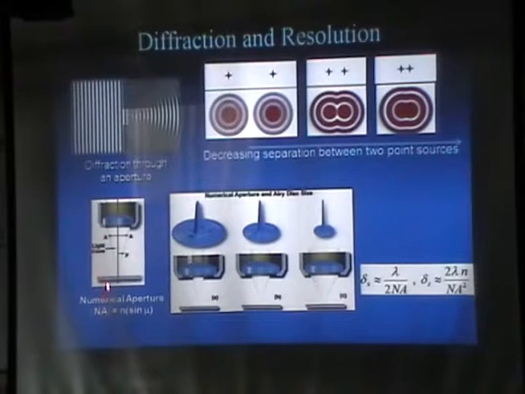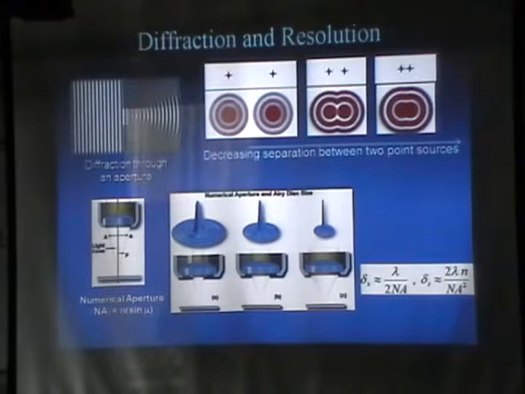So the numerical aperture: this is a lens, and you look at the angles that you can accept in the lens. If the angle here is mu, the numerical aperture is n, which is the index of refraction of this medium, times sine mu. And here it shows that this blur, as you increase the numerical aperture, becomes sharper.